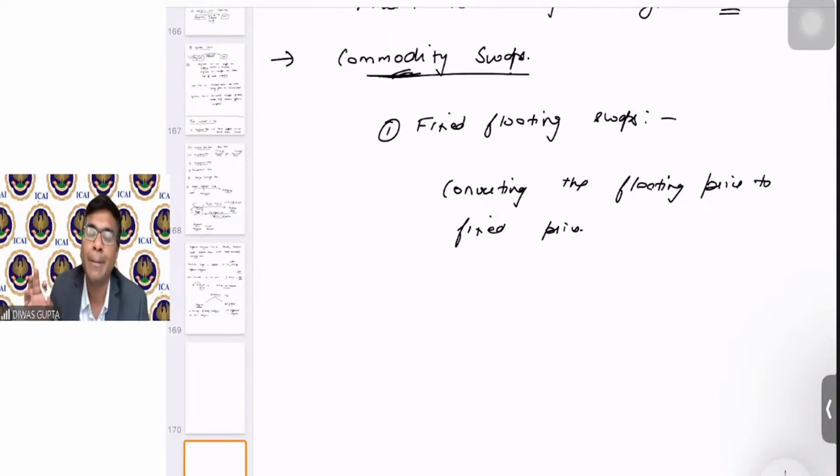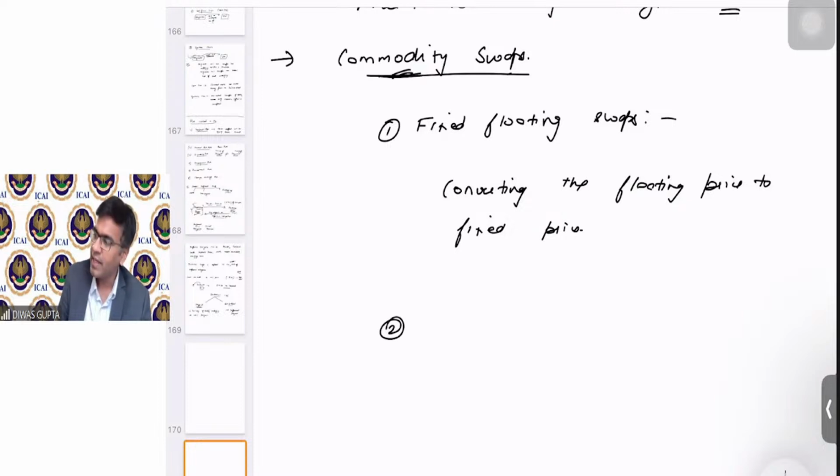It will not change. In a fixed-to-floating swap, I am exposed to the risk of a floating price and I want to convert it into fixed. I will approach someone who is in the opposite situation. They will take the contract with me and convert my floating rate into a fixed rate. Whatever is the floating rate, that person will pay me, and I will pay him the fixed rate. Simple. This fixed-floating swap, students, we will cover in detail in the topic on interest rate swaps.